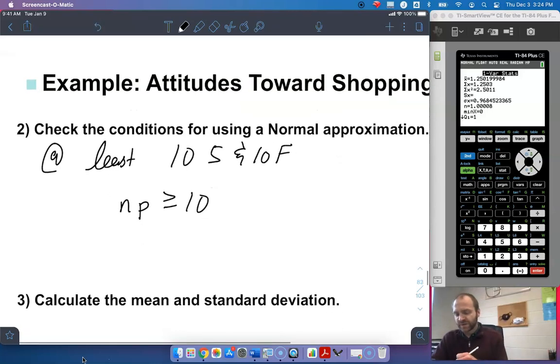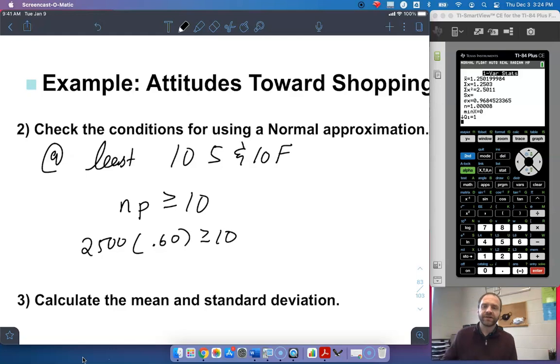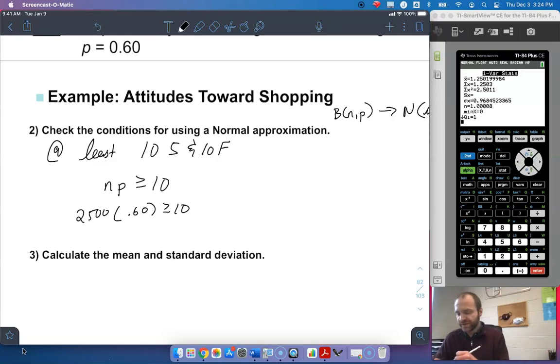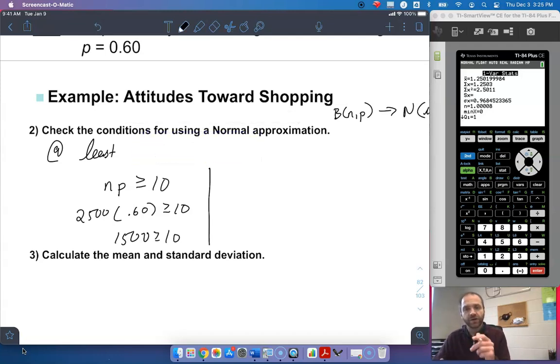So my sample size was what, 2,500? And my probability of success is 60%. So is that larger than 10? Is 60% of 2,500 larger than 10? Good news, yes it is. 1,500 is larger than 10. That's successes. Now I want to look at failures. So successes, good.